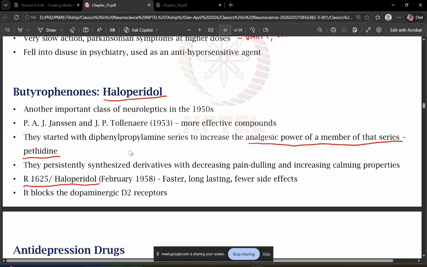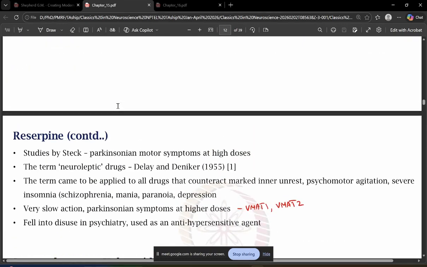Yeah. So Janssen and Tollenaire wanted to synthesize even more effective compounds as compared to chlorpromazine.